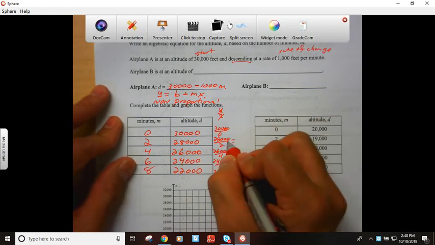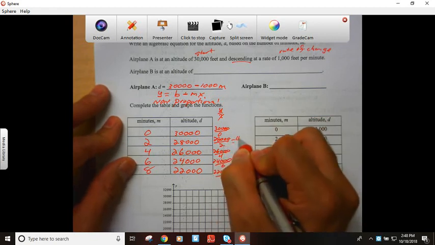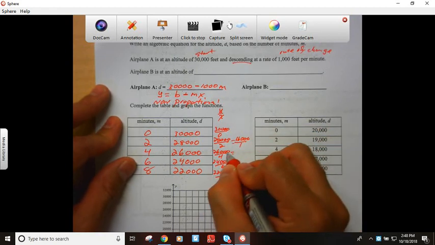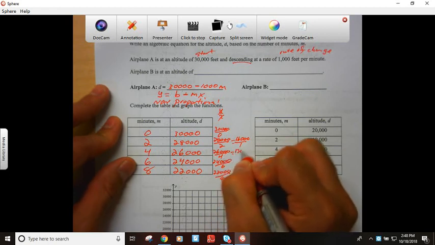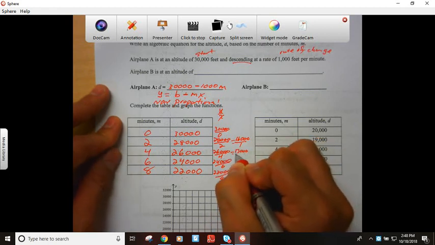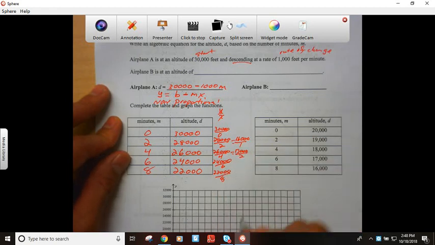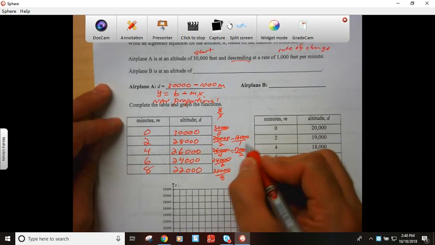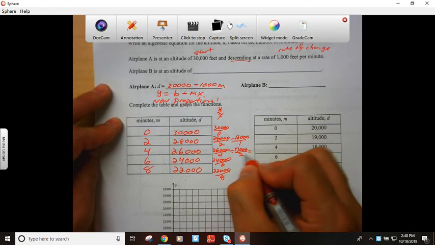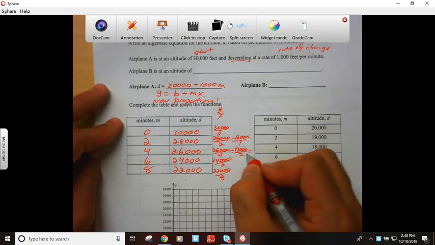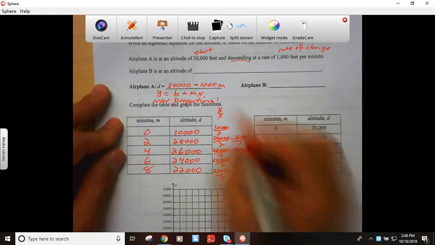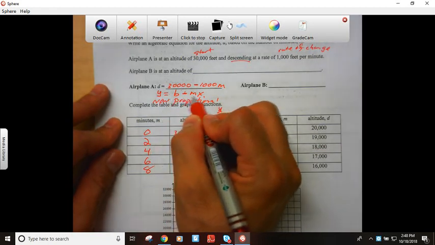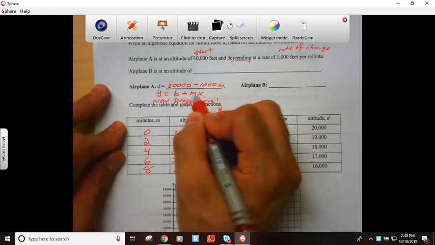So 28,000 over 2 reduces to 14,000 over 1, which is 14,000. 26,000 over 4 reduces to 13,000 over 2. And when we look at this, right away I should see that if I reduce this even further, this is not going to equal. So therefore it is not proportional, which matches what we said it should be in the format of y equals mx plus b, or in this case, b minus mx.